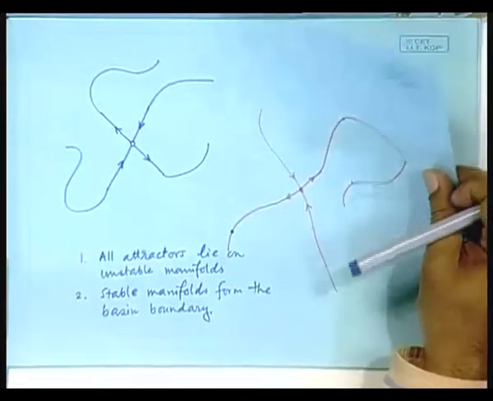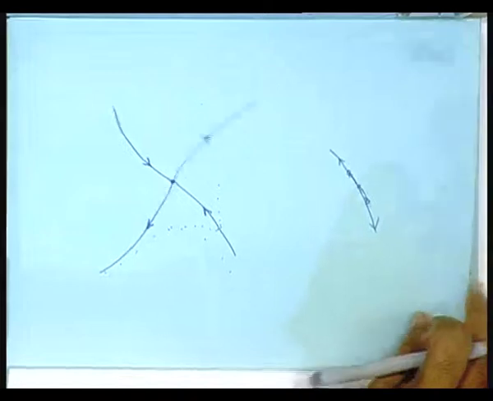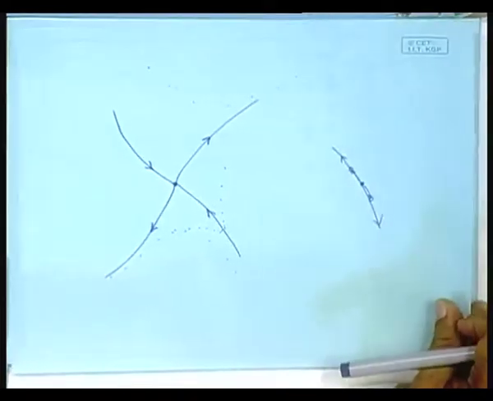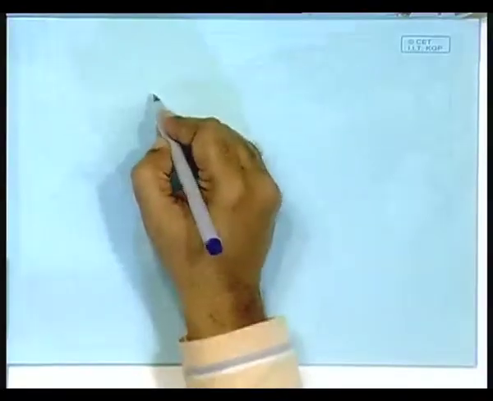Now, let us understand some of the other interesting things that the stable and unstable manifolds do. Just recall in the last class when we considered the Henon map, we found that there are two fixed points, one fixed point sitting somewhere here, both are on the 45-degree line.